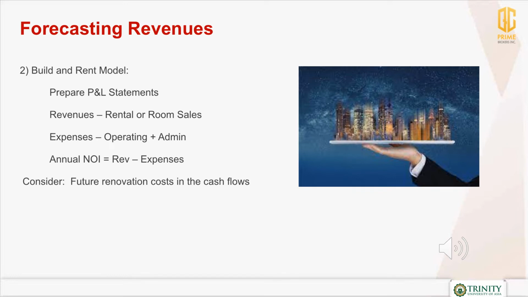Then, we compute for the expenses, such as the operating and administration expenses. From there, we get the annual net operating income, which is equivalent to revenues less expenses. But we also have to look out for future renovation costs in the cash flows.